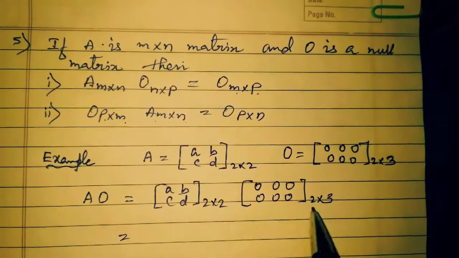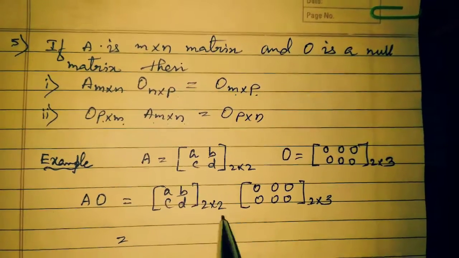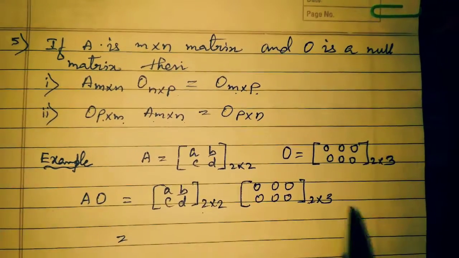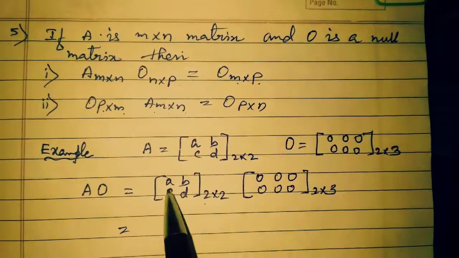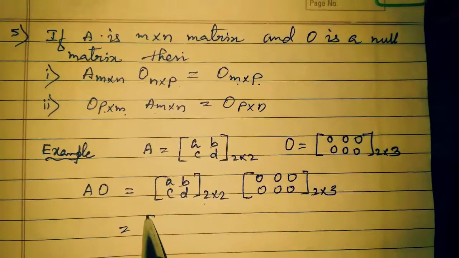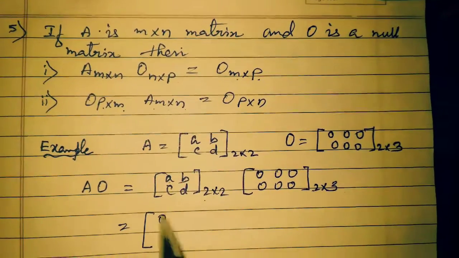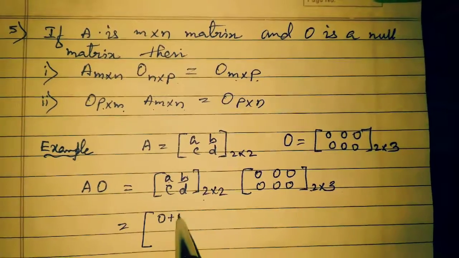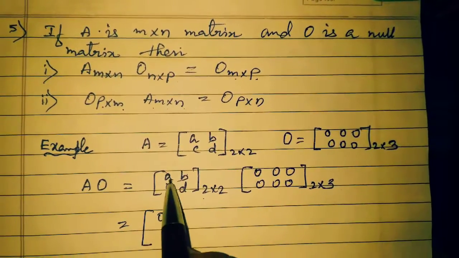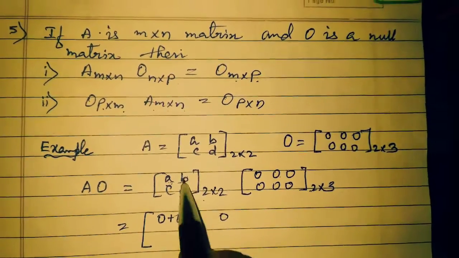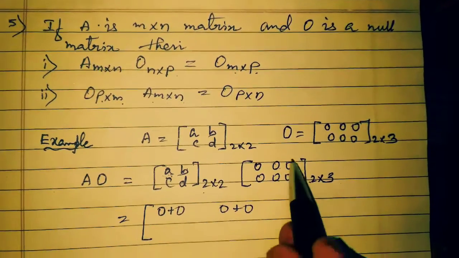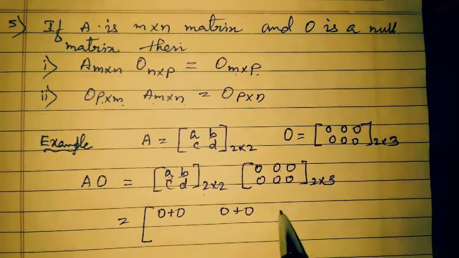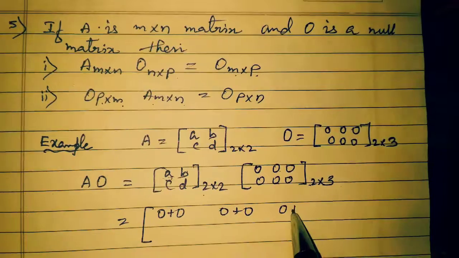See, these two dimensions are the same, so multiplication is possible. The resultant matrix order will be 2 into 3. The first row multiplied with the first column: A into 0 is 0, B into 0 is 0, so 0 plus 0. Similarly here also, and again the first row with the third column, A into 0 is 0 and B into 0 is 0.